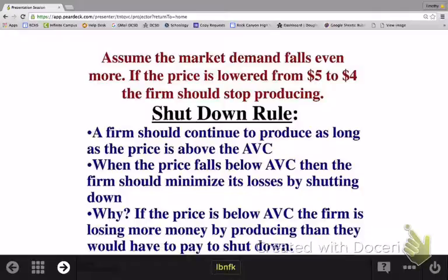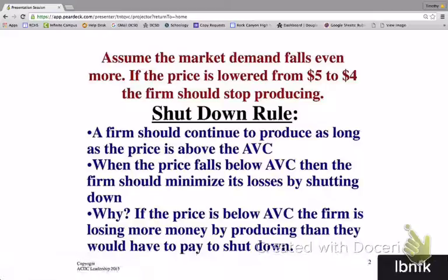So the shutdown rule is a firm should continue to produce as long as the price is above the average variable cost. When the price falls below average variable cost, then the firm should minimize its losses by shutting down. Why? Because if the price is below average variable cost, the firm is losing more money by producing than they would have to pay to shut down.